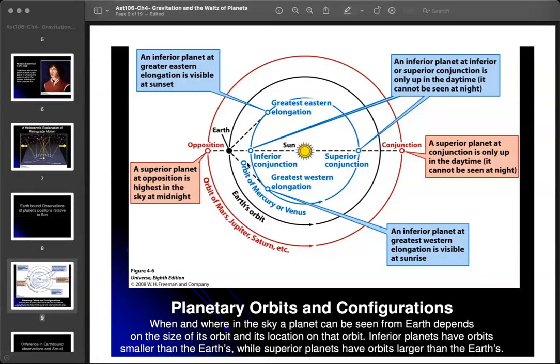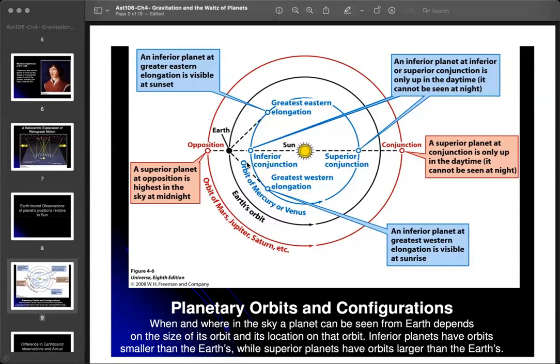So if we look at the blue circle, which is for the inferior planet, the two intersection points are called inferior conjunction and superior conjunction. So by now you have probably understood that inferior sort of means smaller or closer, and superior means bigger or farther in this case. So there are two possibilities where, when seen from Earth, the planet could line up with the sun, and that is called conjunction.